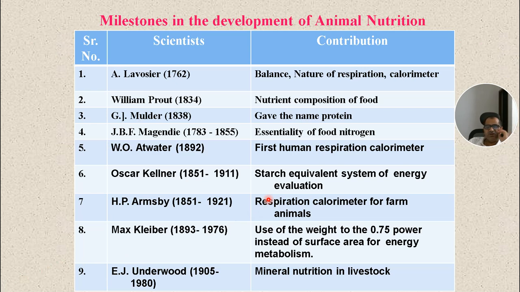Then milestones in the development of animal nutrition. As you know very well, Lavoisier in 1762 found the balance, nature, respiration, calorimeters, etc. Whereas William Prout is one person who analyzed the content of the nutrients, or the proximate principles, what you can say.